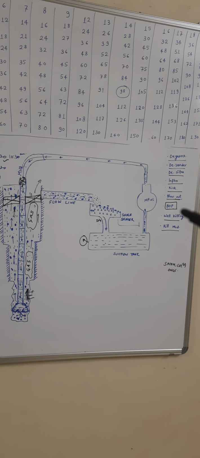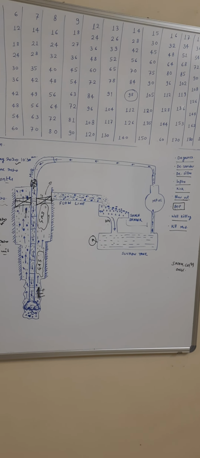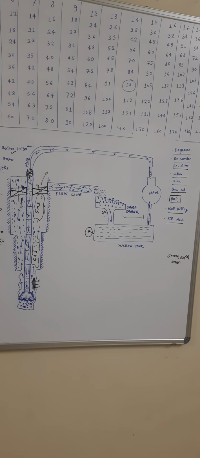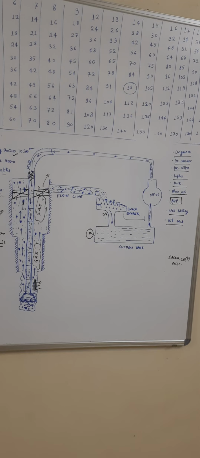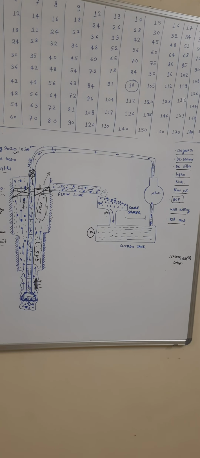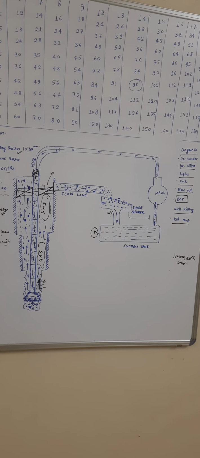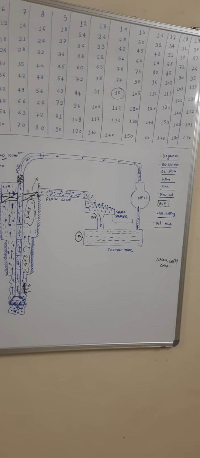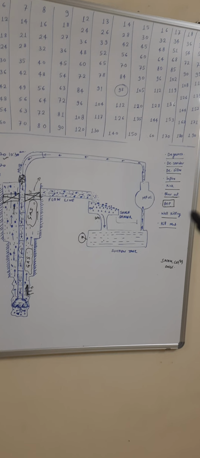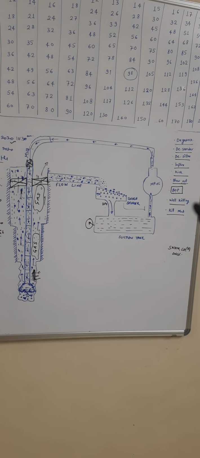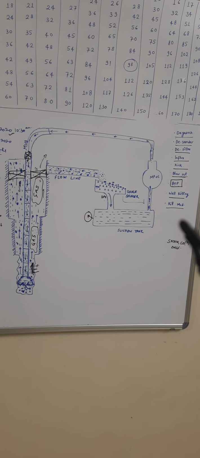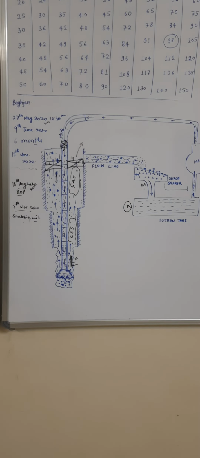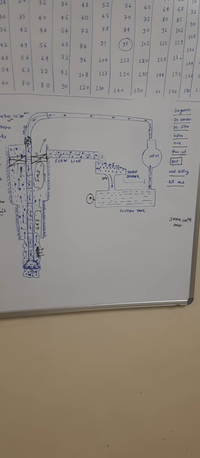If this blowout preventer is installed of the right capacity, right pressure rating, and is also in good condition, so that it does not leak when we close it, because that is a disastrous situation, then we can control the well, and this is called the well killing method. We use heavy mud, called kill mud. That's all I can say about kick and blowout.